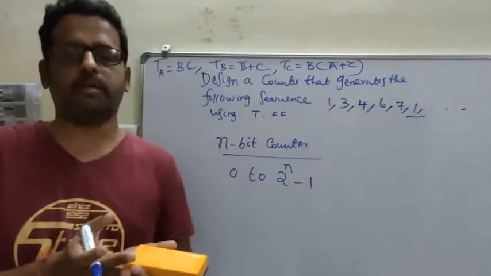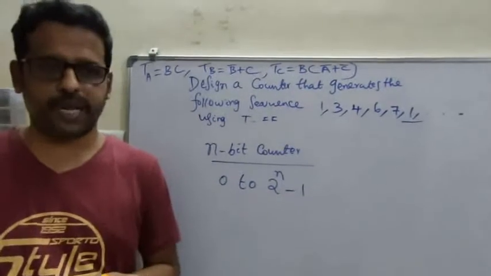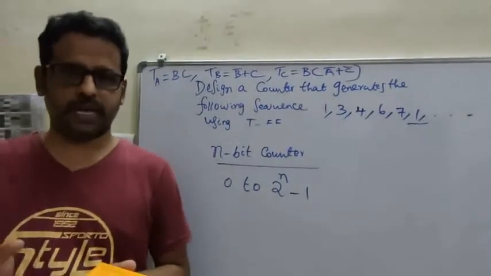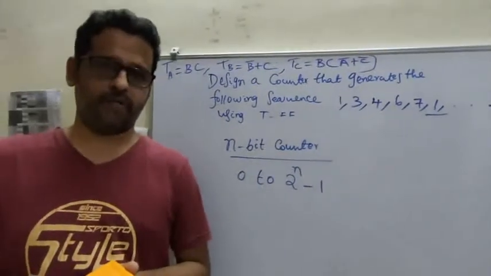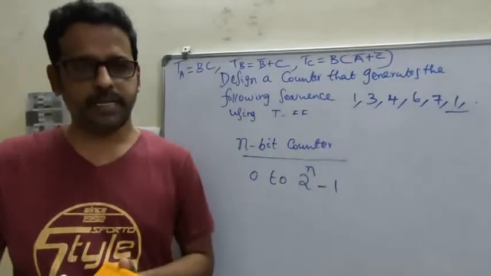You take the help of an excitation table, then construct the input sequence, then simplify the expression for each and every flip-flop input using Kmap, and then end up with the design of a counter.